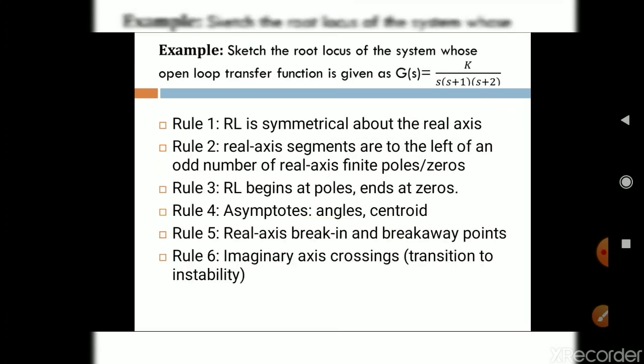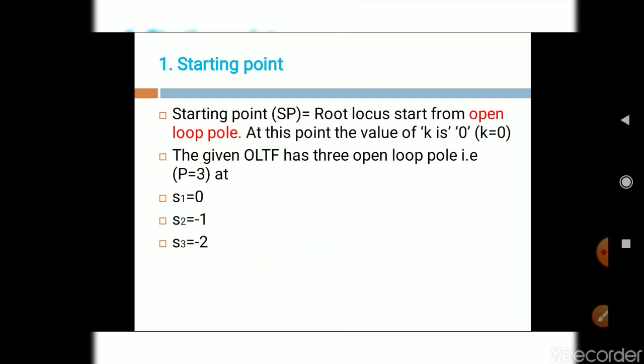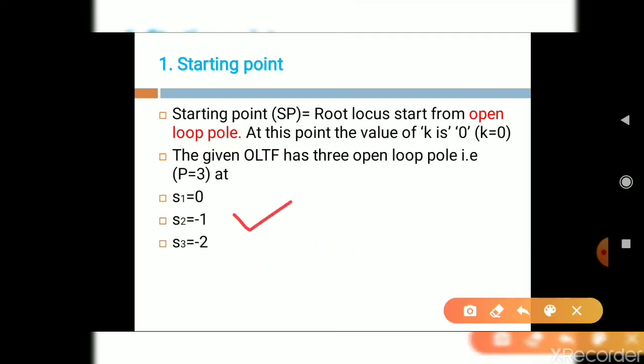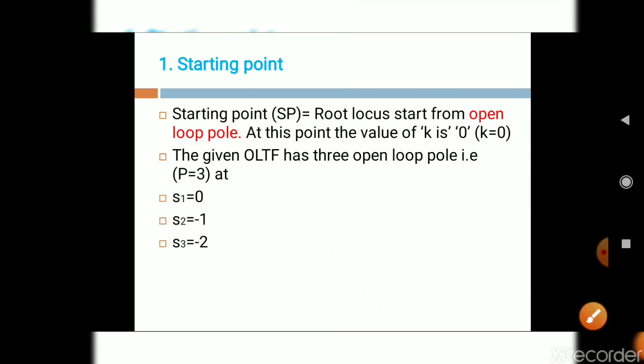Observe here, the transfer function is K upon s(s+1)(s+2), meaning there is no zero present in this transfer function, whereas there are 3 real poles: one pole is located at the origin, s1 = 0, the second pole s2 = -1, and the third pole s3 = -2.